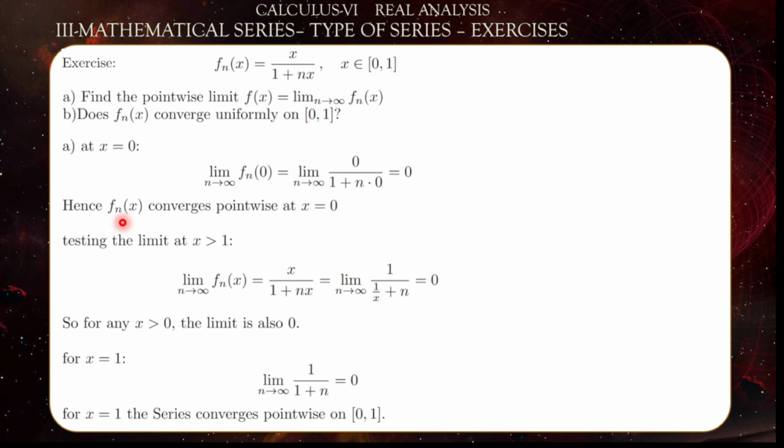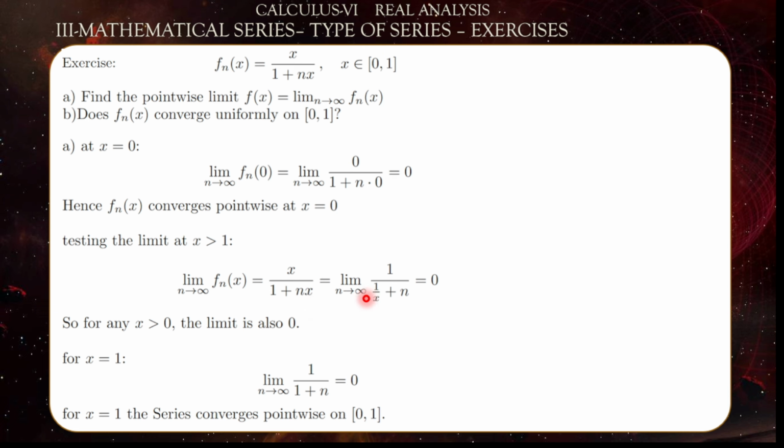Let's now test the limit at x greater than 1, which is outside of this scope, by the way. The limit of f_n(x) as n approaches infinity is the limit of x divided by 1 plus nx. Using L'Hopital's rule, you divide by x both numerator and denominator.